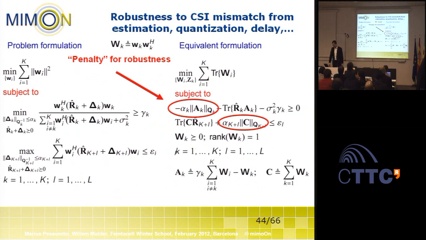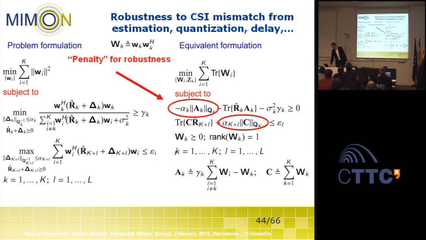It contains two terms which can be identified as penalties for the robustness. If we compare this scheme to the non-robust scheme, we see that we have two additional terms which can basically be interpreted as a penalty. Due to this penalty, we have an increased transmitted power in this robust approach.